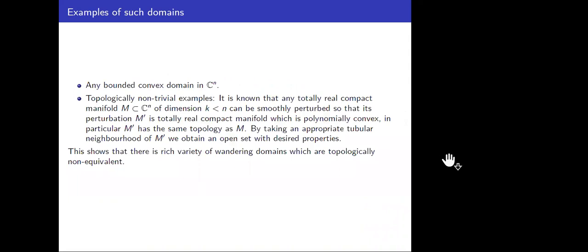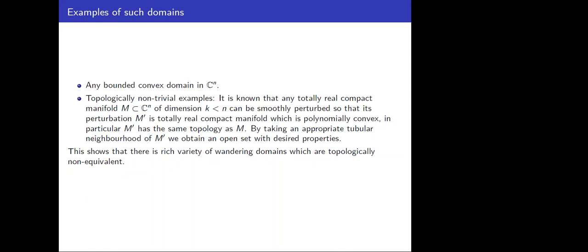Just to give you examples of some polynomially convex domains: they're all bounded convex domains, which satisfy these conditions. So balls, ellipsoids, and so on. We have many examples. Less trivial are the ones that have non-trivial topology. You can get them in the following way.